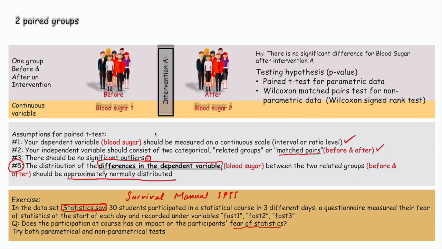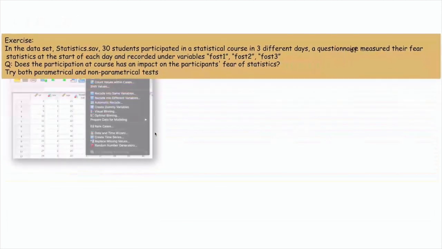In this case, we decide to see, for example, fear of statistics day 1 and fear of statistics day 2, whether a significant change happens for all the participants of the same group, and the continuous variable is a scale for fear of statistics.